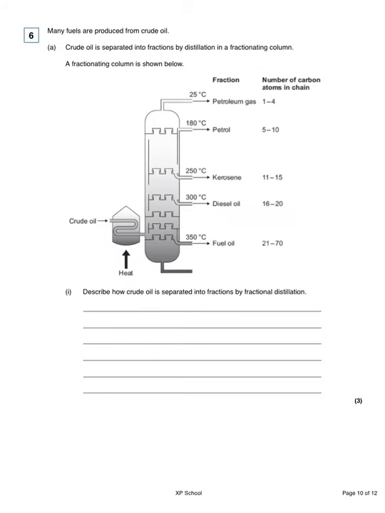It's a classic question. How is crude oil separated? Well, first off, it's heated. Crude oil is heated. It is evaporated, and it condenses. The vapor condenses.